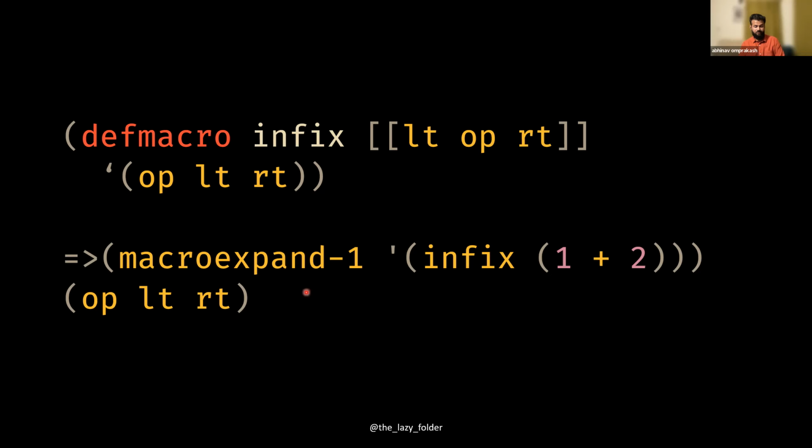And if you macroexpand them, even though we are passing 1 plus 2, we get OP, LT, and RT. And this is not something we want. In fact, I made this exact same mistake in the presentation earlier, and I realized it later on. But this is a common mistake, and it happens. So if you're using symbols from the arguments, make sure you resolve them if you're quoting them.